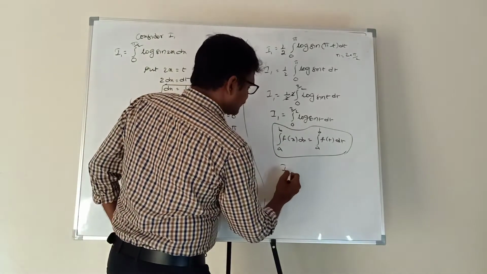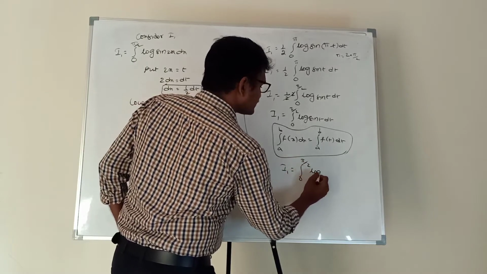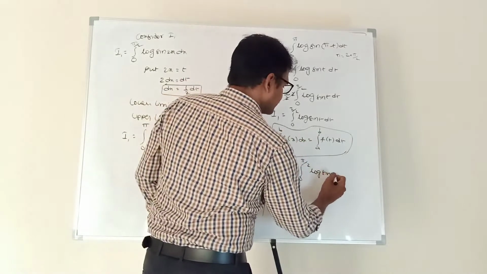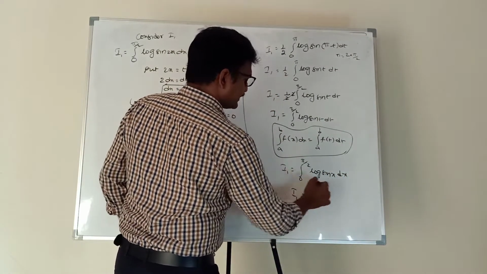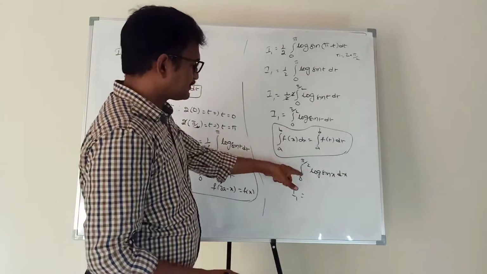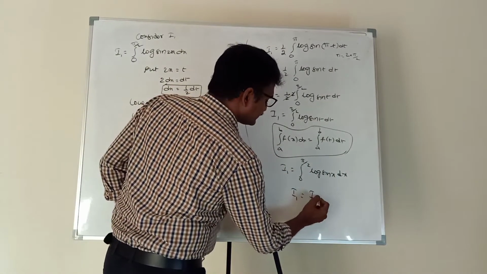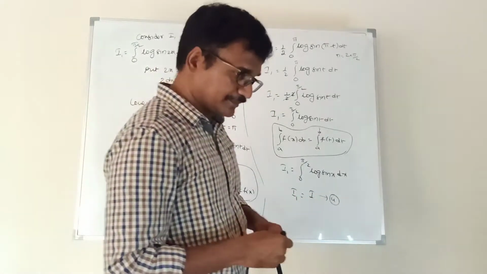So from this property, I1 is equal to 0 to pi by 2 of log sin t, and t we can replace with x, dx. I1 is nothing but the given problem I. Let this be equation number 4.